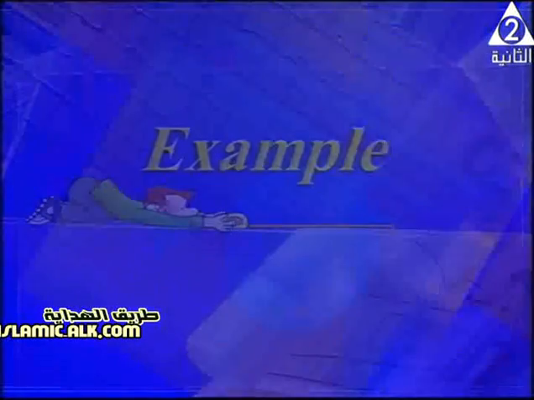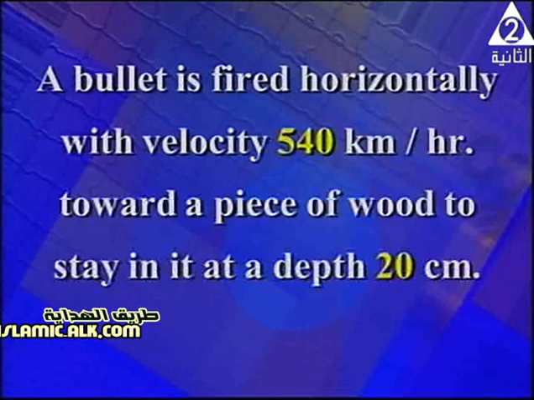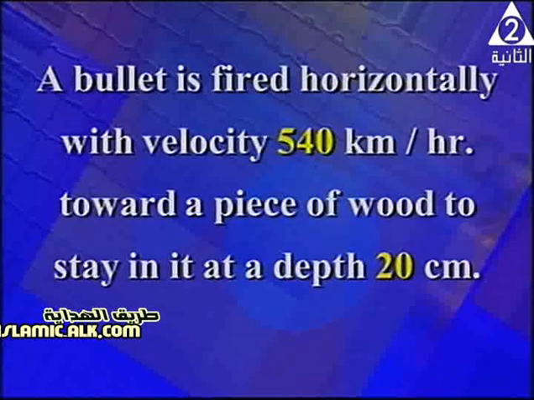Another example. A bullet is fired horizontally with velocity 540 km per hour towards a piece of wood and stays in it at a depth of 20 centimeter. Note that and think with me, dear student.